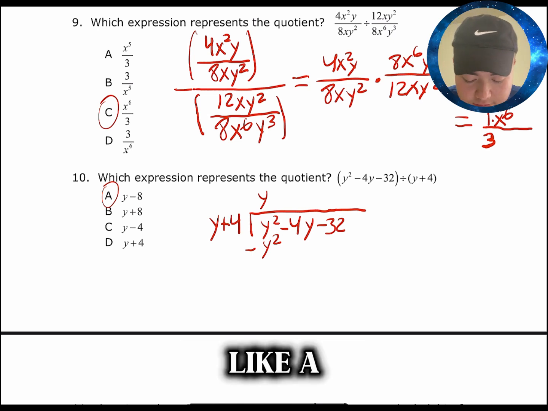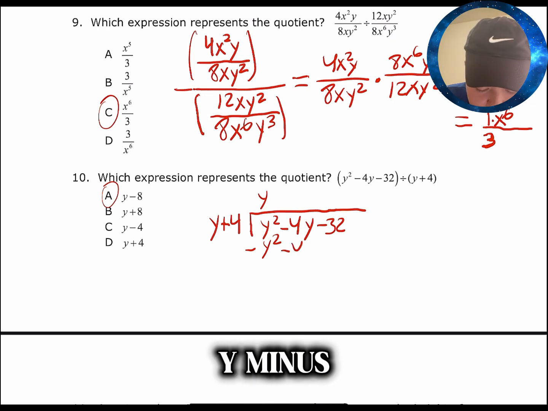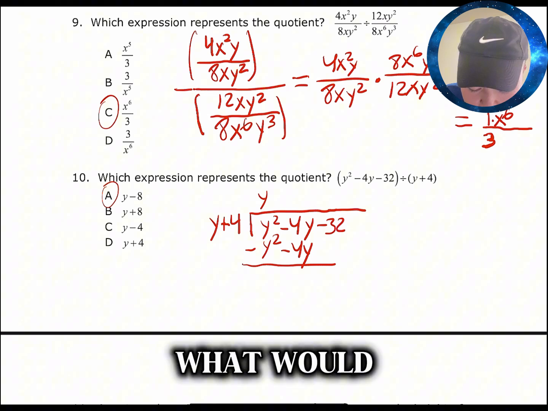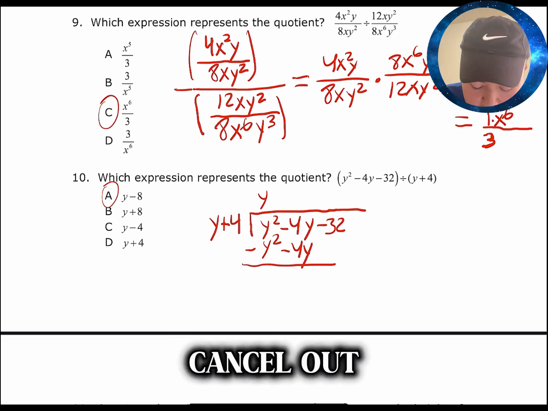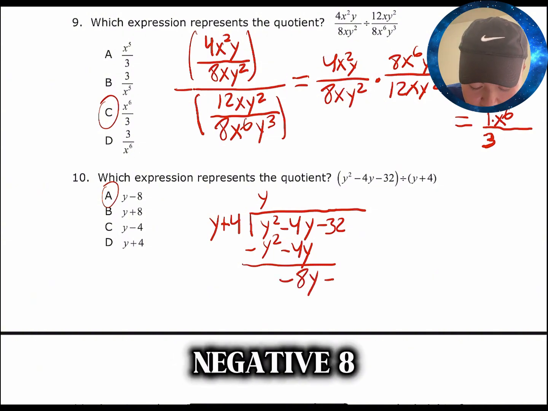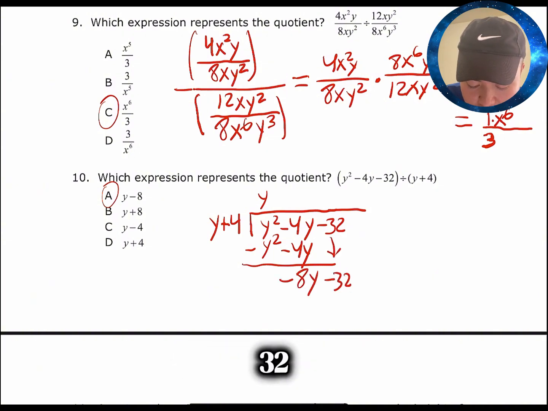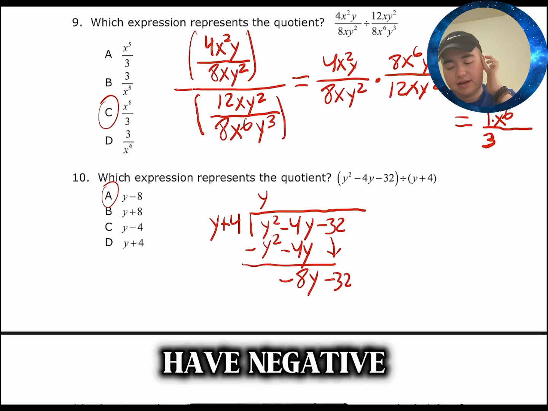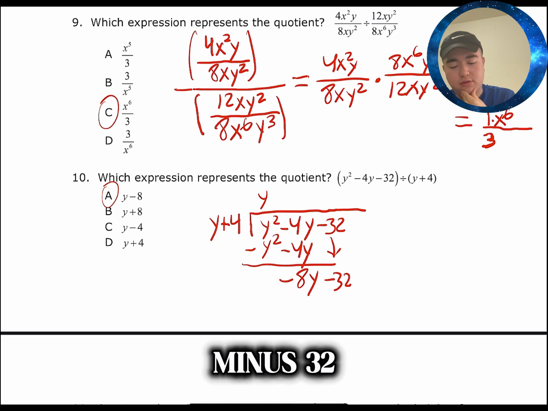Still looks like a y. Minus 4y. And so the y squared will cancel out. Minus negative 4y minus 4y, that's just negative 8y minus 32. We bring the negative 32 down. So we have negative 8y minus 32.